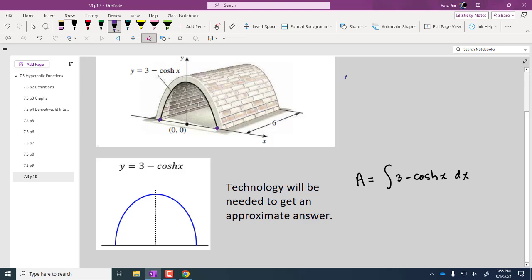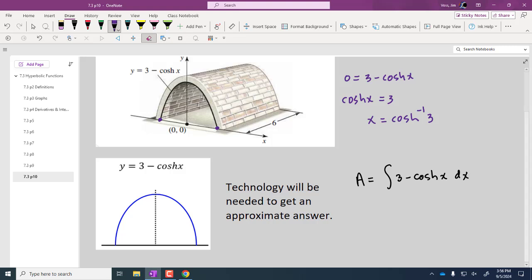So we would have to set 0 equal to the function. This tells us cosh of x is equal to 3. The only cosh value we know is that when x is 0, cosh is 1. It's the hanging cable going right through (0, 1). So this x value is going to be the inverse cosh. Oh, whoops, I said we'd never see it, but we're seeing the inverse cosh right there.